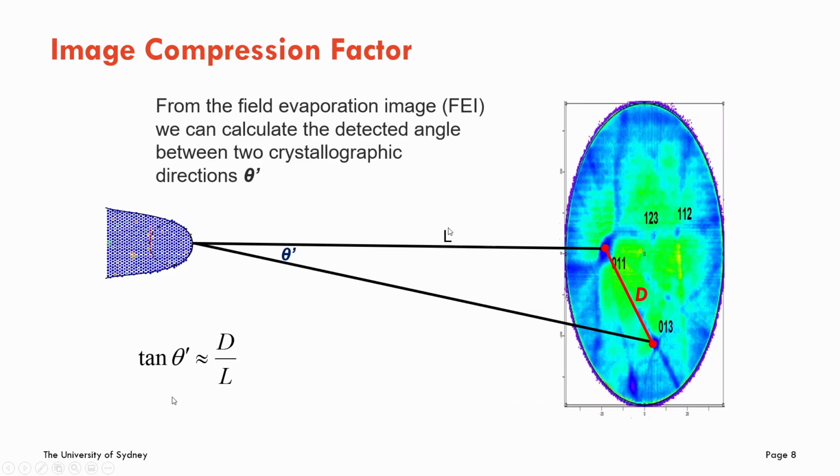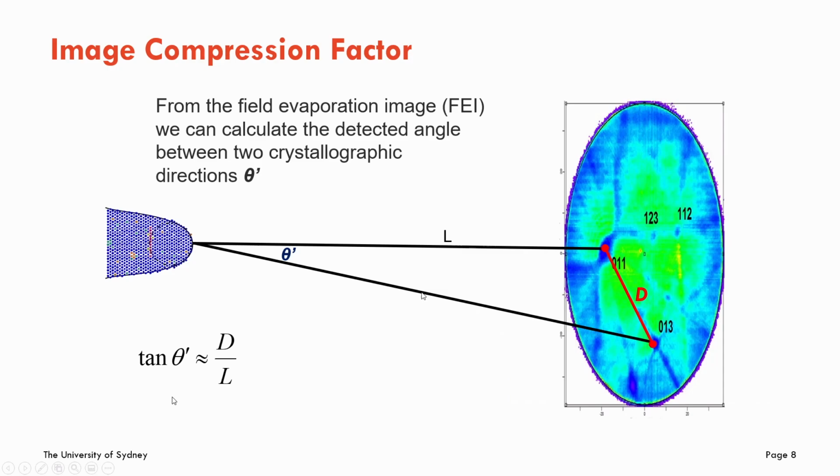So for our instruments, we're using a flight path length of 90 millimeters. So you'll probably also note that this is a simplifying assumption that this is a right angle, and that's not exactly right.